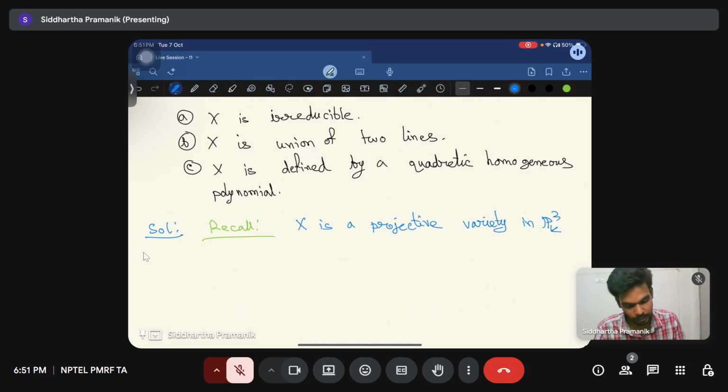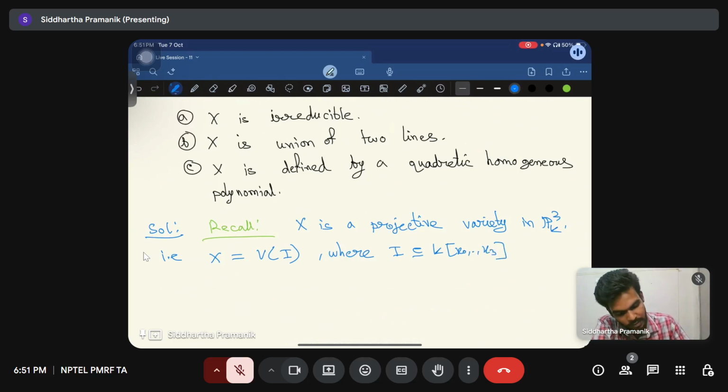So what does it mean? That means X equals some V of I, where I is a subset of, since it is P3K, we need to choose four variables, x0 up to x3.